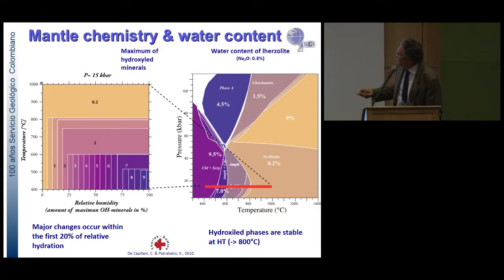You come from yellow to blue. So you change the densities if you hydrate by relatively 25%. That doesn't say how much water is in the mantle, but it says that you have roughly 10 to 20% of hydroxyl-bearing minerals.